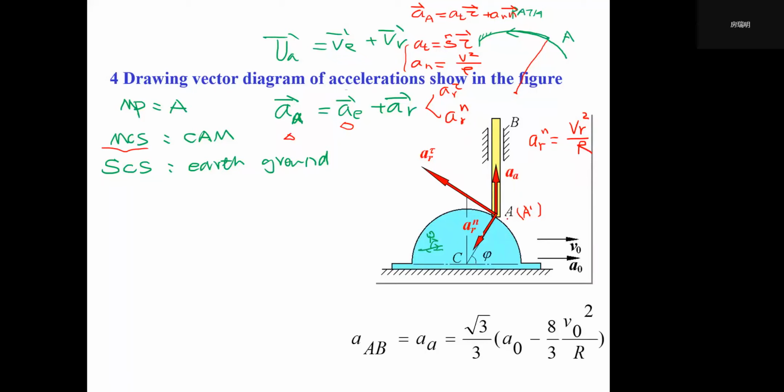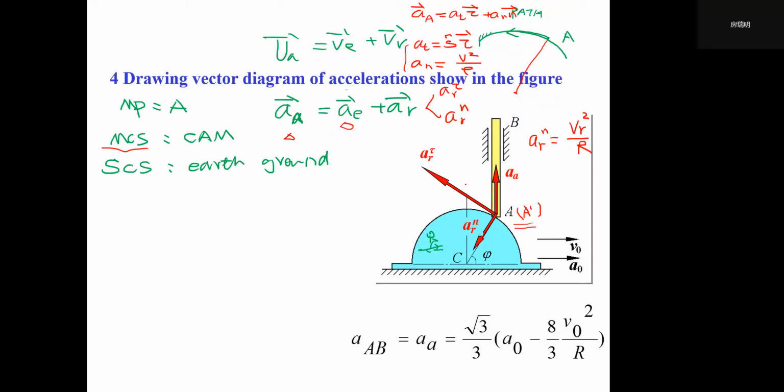This moving point A, although it contacts this cam, is not a point on this cam. Otherwise, it would have no relative movement compared to this cam, right? So this is very, very important. You should notice that clearly.